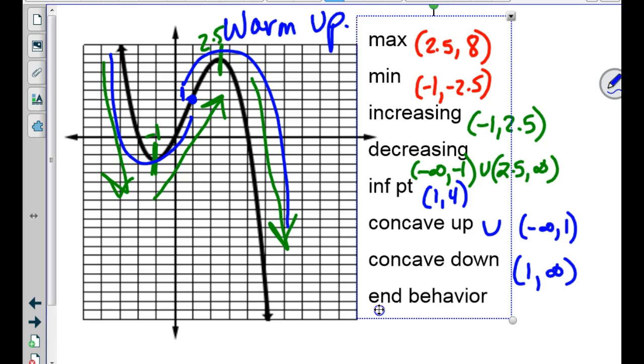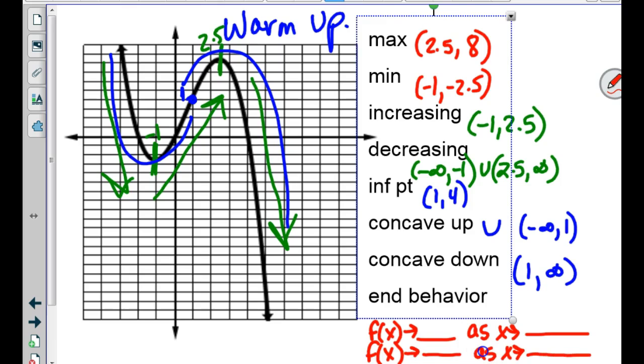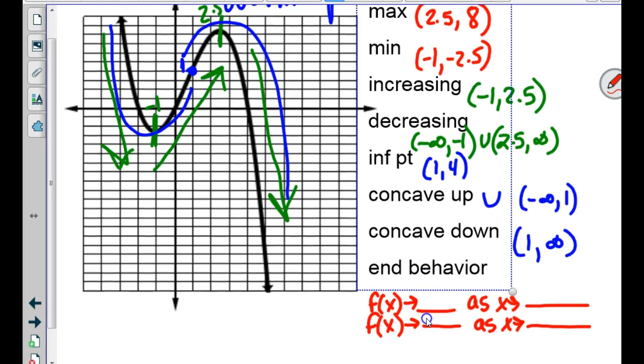Okay, end behavior. On the next quiz, it looks like this. I don't know if that's going to mess anybody up. It shouldn't, but it's more in the limit order. So it's saying y is doing what as x is doing what. So if you want to talk about the left end, that would be an x that's going left.